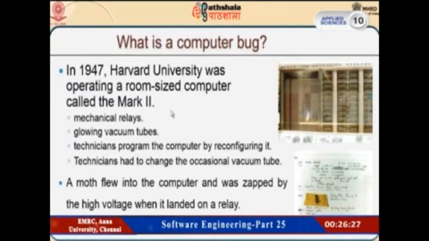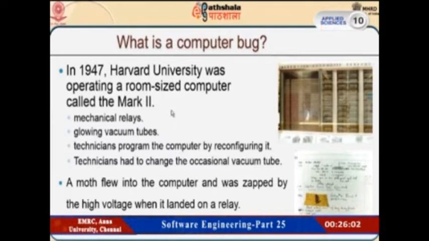In 1947, Harvard University was operating a room-sized supercomputer called Mark II, with mechanical relays and glowing vacuum tubes, where technicians programmed the computer by reconfiguring it. Technicians also had to change the occasional vacuum tube.